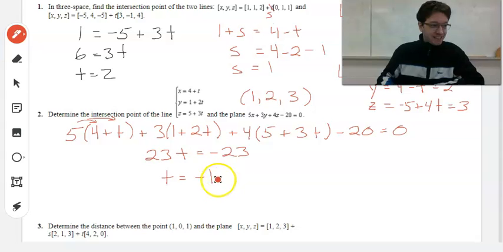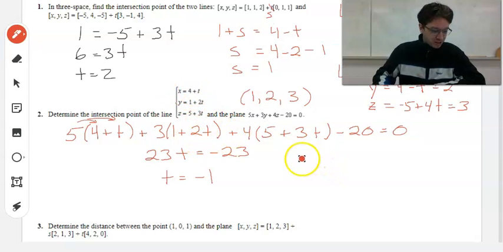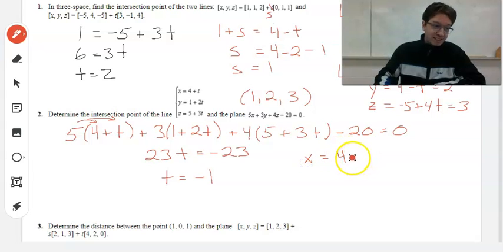Now, since we know what t is, we can figure out what that point is where the intersection actually occurs. So we're going to go to our parametric equations and use t as negative 1. So 4 plus t, where t is negative 1, that gives us 3. 1 plus 2t, 1 plus 2, and t is negative 1, so that's just 1 minus 2, which is negative 1.